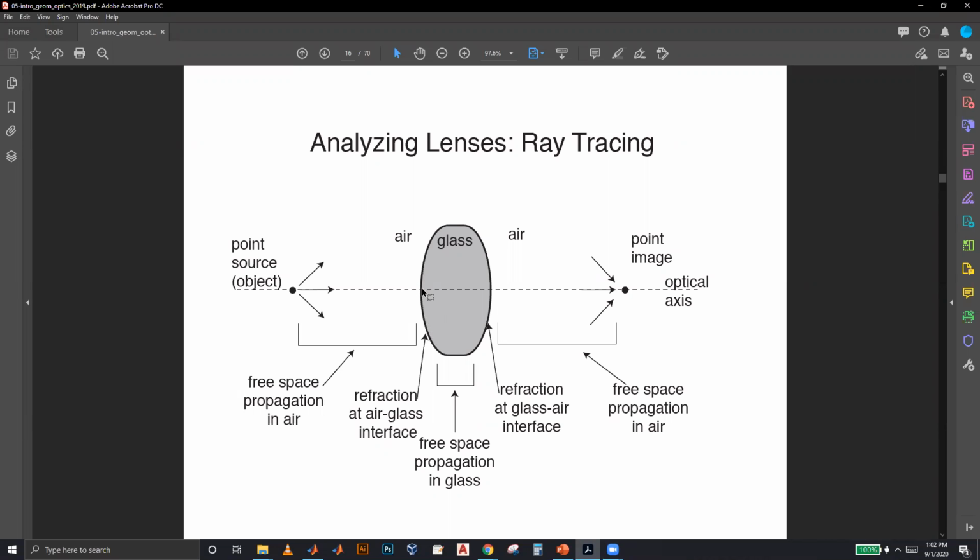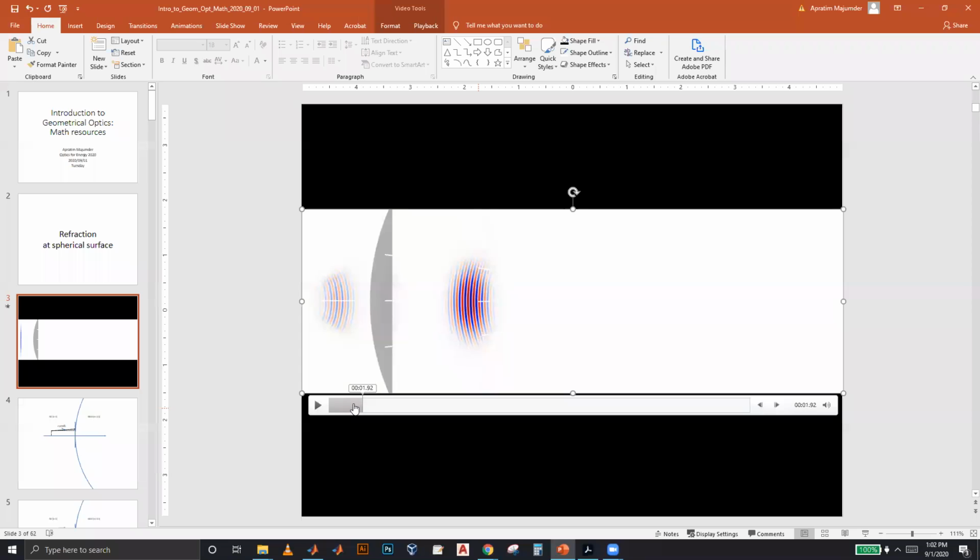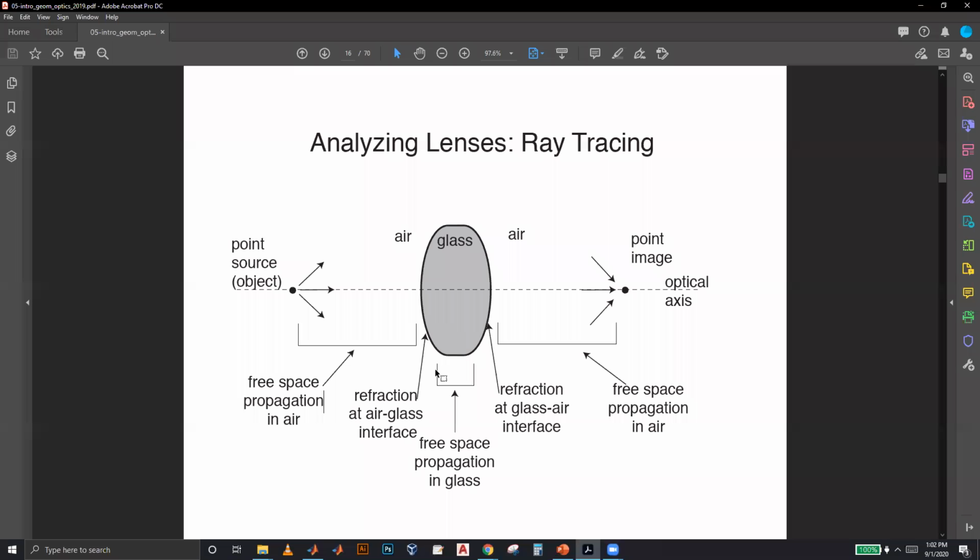The light rays will interact with this interface and start bending in, as shown in this animation. Suppose up till here is your free space propagation, and this is where refraction is taking place. So this is refraction at the air-glass interface.